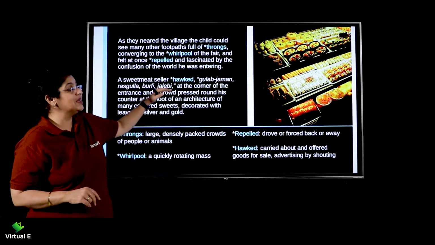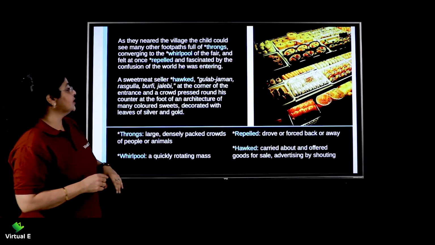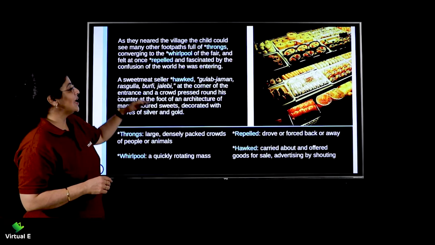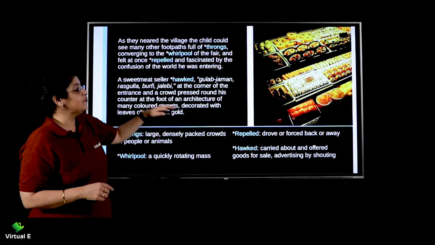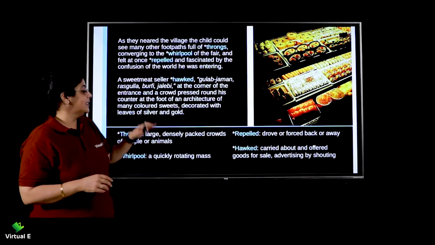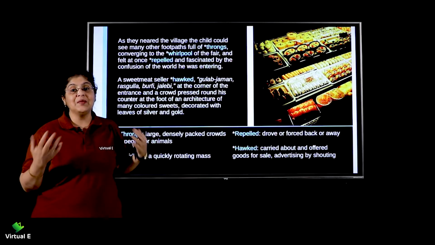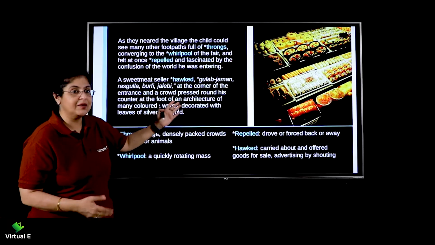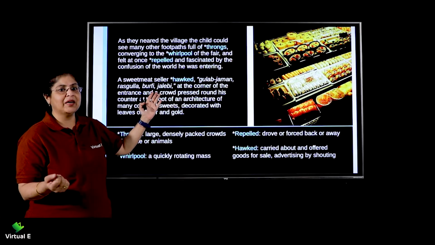So, a sweetmeat seller, mithai wala, hawked gulab jamun, rasgulla, barfi, jalebi at the corner of the entrance, and a crowd pressed round his counter at the foot of an architecture of many colored sweets decorated with leaves of silver and gold. Now he was screaming all his different mithais. Mouth waters, even mine.